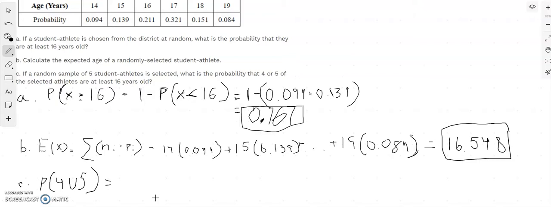We're selecting 5 students out of we don't know how many, and we're trying to find the probability that they're at least 16 years old.